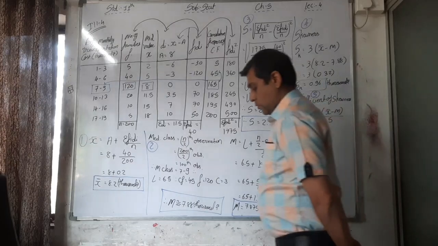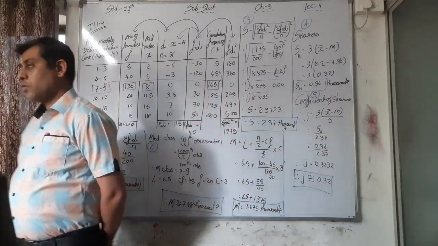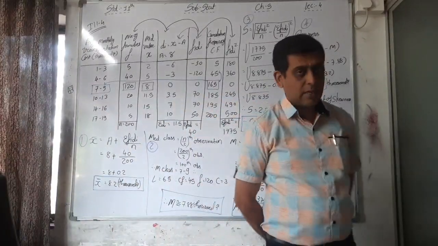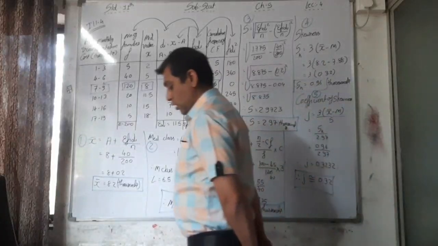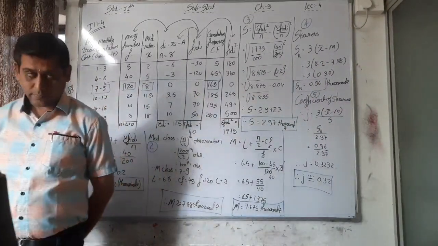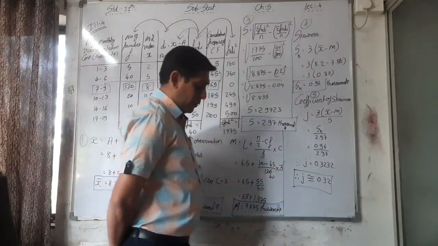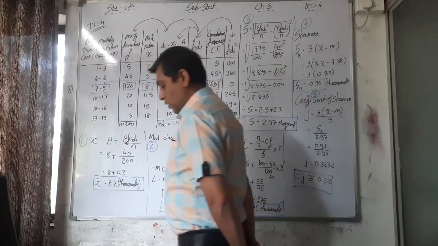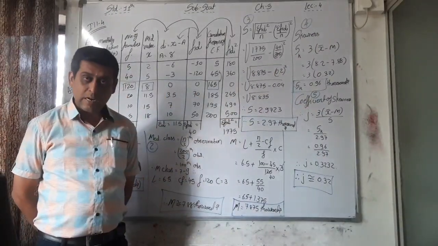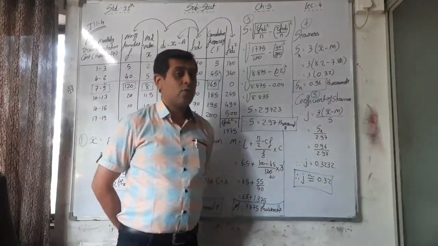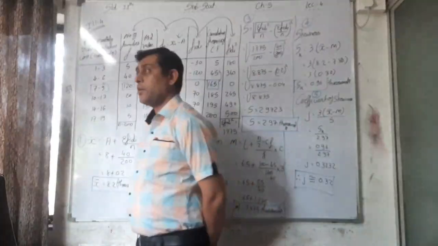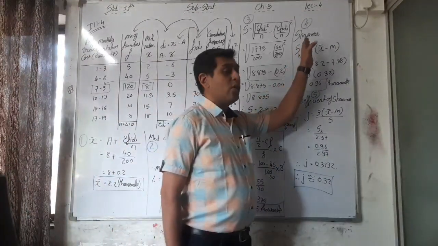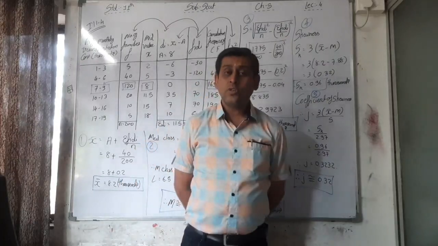See, you have to remember all the formulas given in the exercises of chapters 3 and 4 to complete the sums of chapter number 5. If you don't know the formula of x bar, shortcut method, if you don't know the formula of median, continuous group data, if you don't know the formula of standard deviation, shortcut method again, and if you don't know these three formulas, then you cannot find out the skewness as well as the coefficient of skewness.